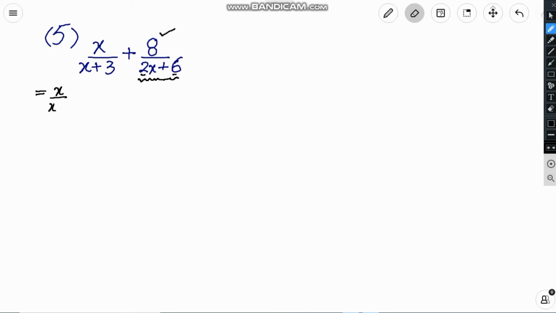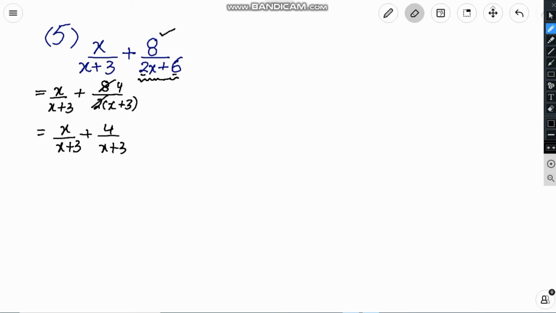So our expression becomes 8 over 2 times x plus 3. Now you can also divide 2 into 8. So our expression becomes x over x plus 3 plus 4 by x plus 3.